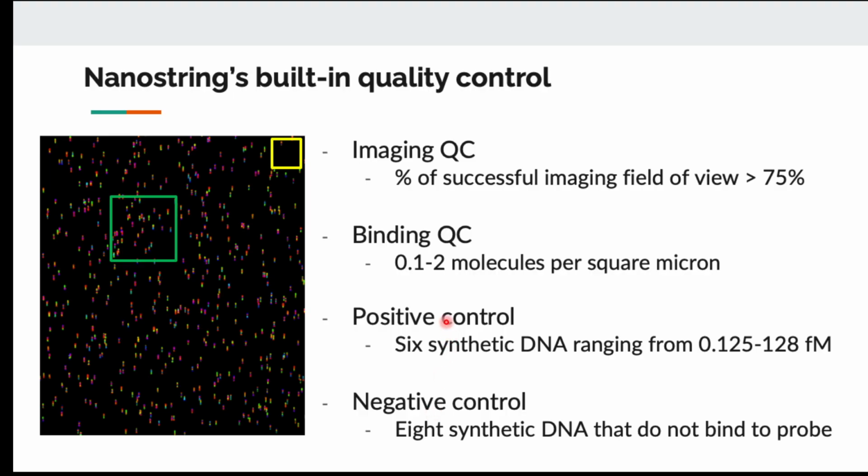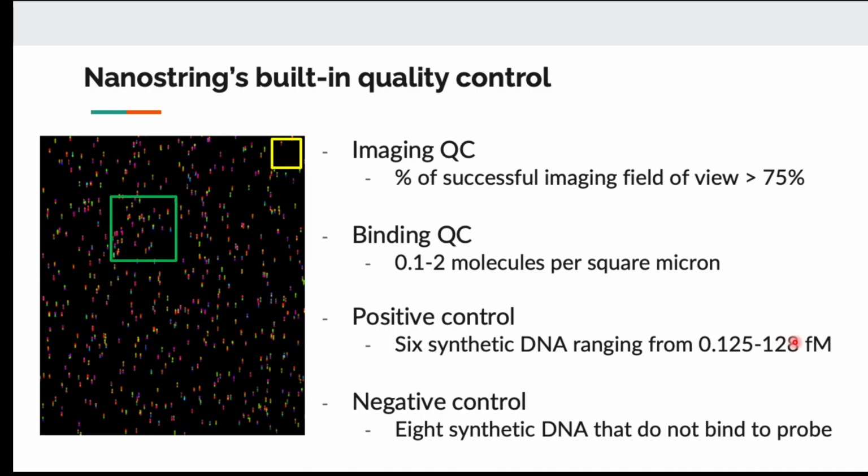For the positive control, this is the opportunity that NanoString can offer, because they are going to design their own probes, right? So they also design additional synthetic probes. These are DNA sequences that do not appear in the genome, but instead of making them a negative control, the NanoString kit also has the complementary RNA for this probe with specific concentrations from 0.125 femtomolar all the way to 128 femtomolar.